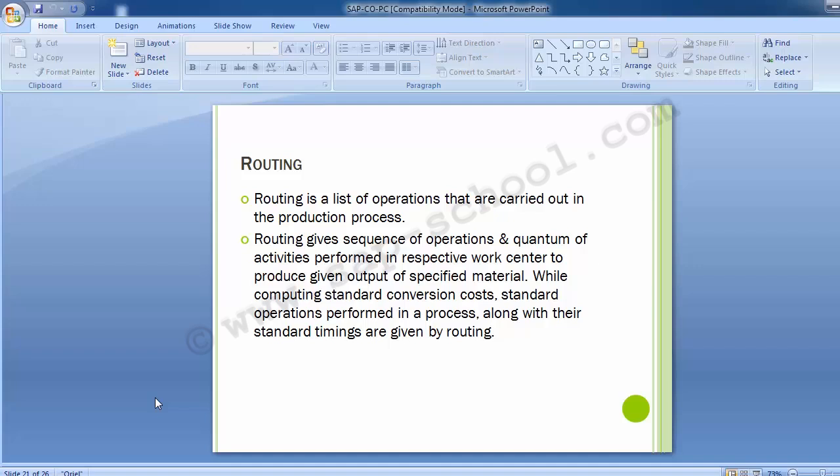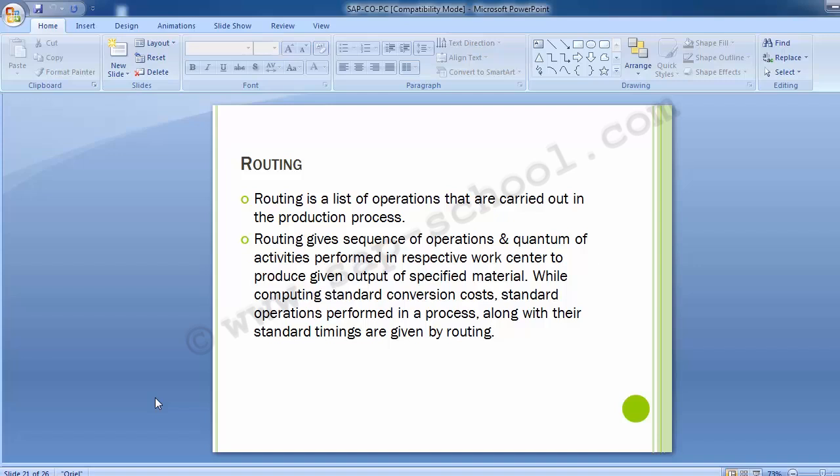So this routing or master recipe is needed in the PP module for batch-oriented process manufacturing. Even a master recipe contains the processes required for producing a material, including the resource instead of the work center required for the production. So these are the different master data which need to be maintained in the SAP system so as to have the costing of the product.